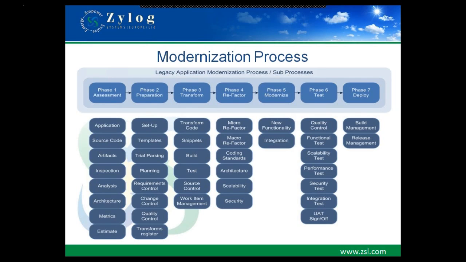What we do in the first phase is get a complete understanding of the current application and how it is going to be mapped to the target technology and the target platform. We set up the application in our location, we analyze the source code, and we calculate metrics. Our experienced resources understand those metrics, go into the PowerBuilder legacy application, and look through and understand everything about that application.